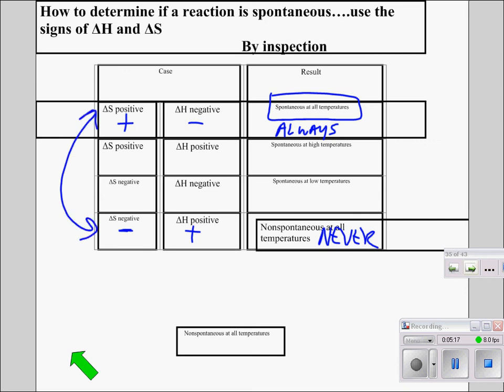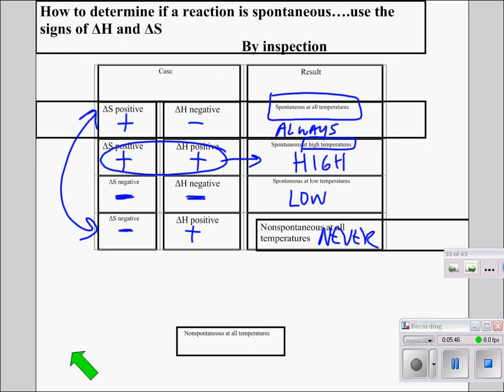The only other situation is when both the signs are the same. For example, if delta S is negative and delta H is negative, we say it's spontaneous at low temperatures. If delta S is positive and delta H is positive, again both the same sign, then we say it's spontaneous at high temperatures. Remember, if it's real plusy on a thermometer, a lot of pluses, high temperature, hot, however you want to remember it, it's an easy way to remember it by inspection.